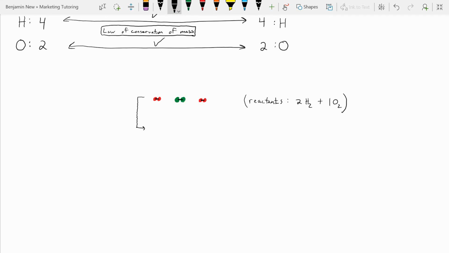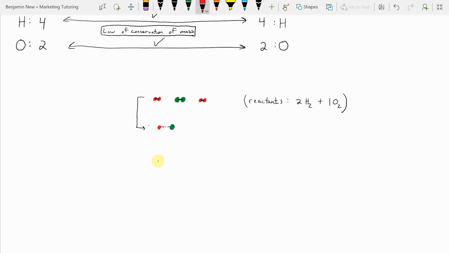So for the next level, I'm going to draw that representation. Here we have one of the atoms of hydrogen, and then the atom of oxygen that is getting closer to that atom of hydrogen. And so we're going to start forming a bond there.